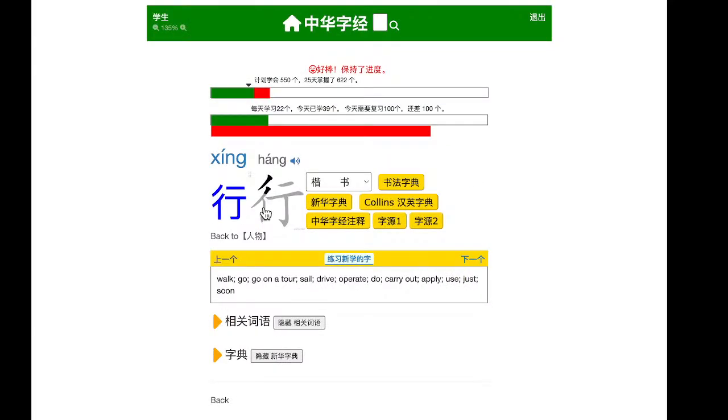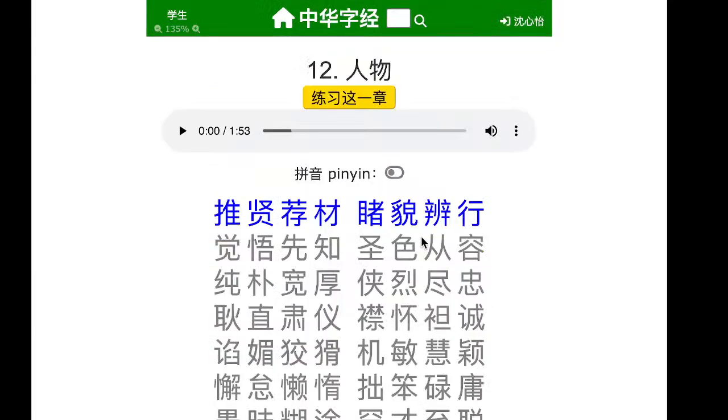But here it's 行. So we're talking about discerning someone's behaviors and actions. So when you're recommending good people for a job or position, you don't only want to look at their outer appearance, but you also want to look closely and discern what kinds of behaviors and actions that they're promoting.